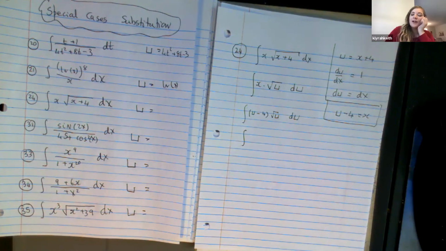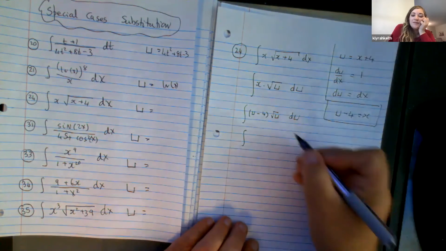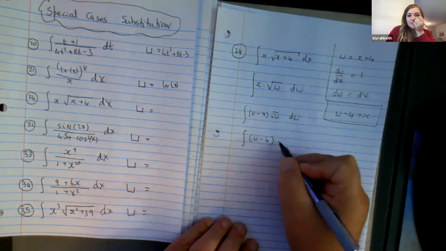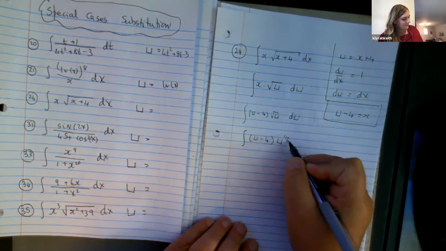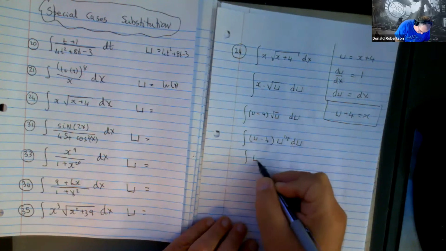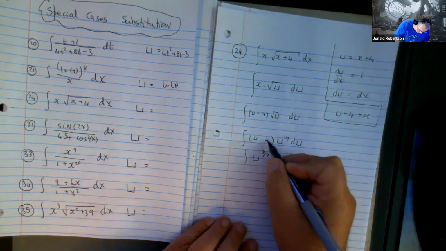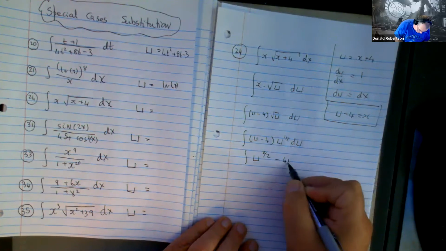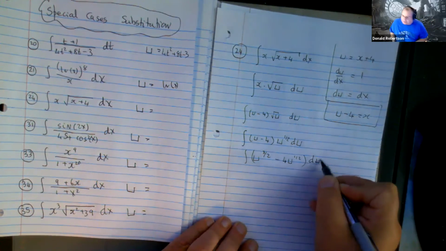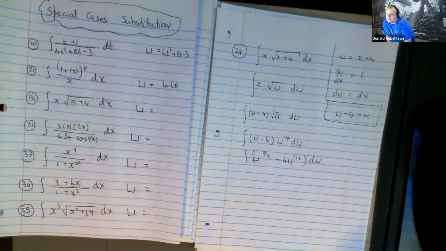You can distribute out the u to the power of 1/2 into both terms. So u times that gets me u to the 3/2, and -4 times that gets me -4u to the 1/2. Are you comfortable with what happened in those two lines?